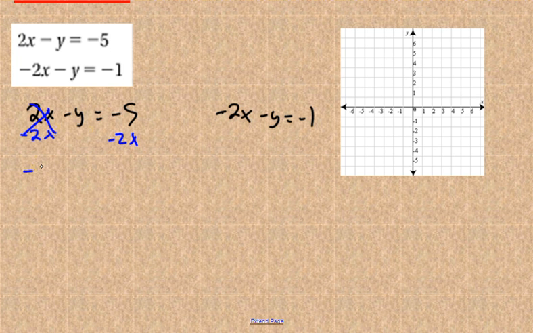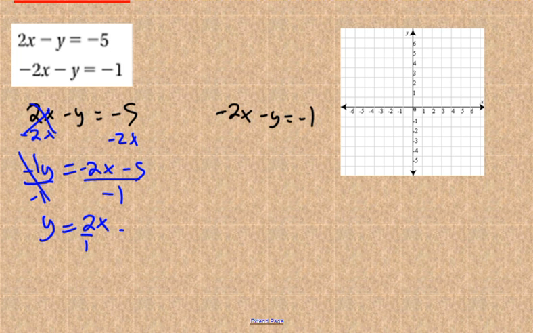So we have minus y, or minus 1y, equals negative 2x minus 5. Finally get rid of that negative 1 by dividing by negative 1. Do that on the other side. So we have y equals negative 2x divided by negative 1 is 2x, so 2 over 1 x. Negative 5 over negative 1 would be positive 5. So there's our one equation.